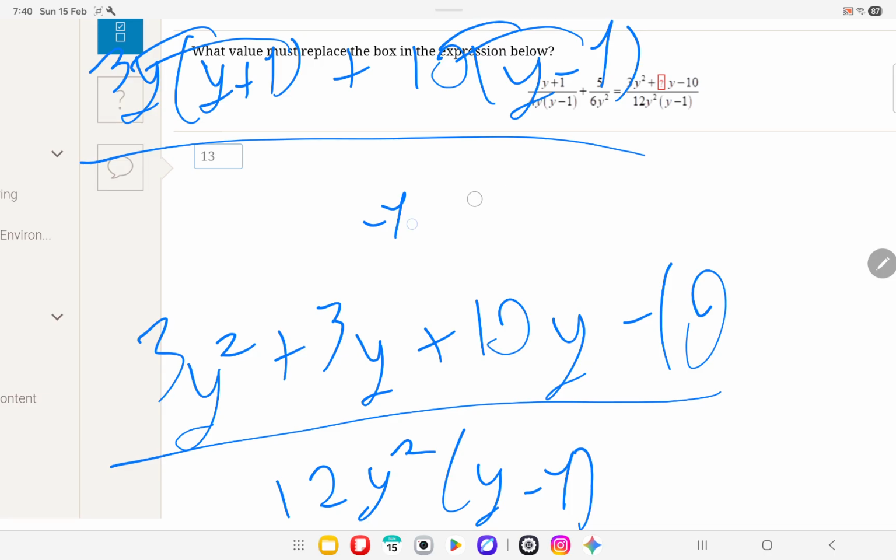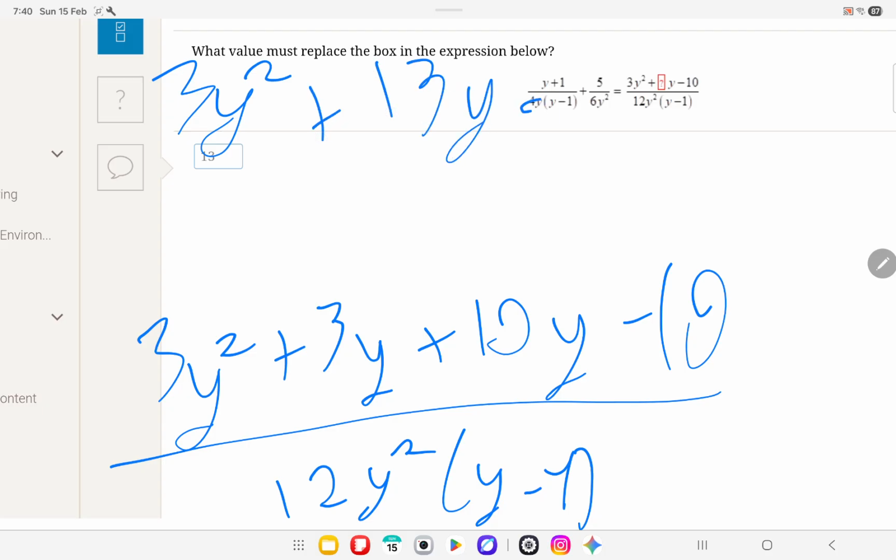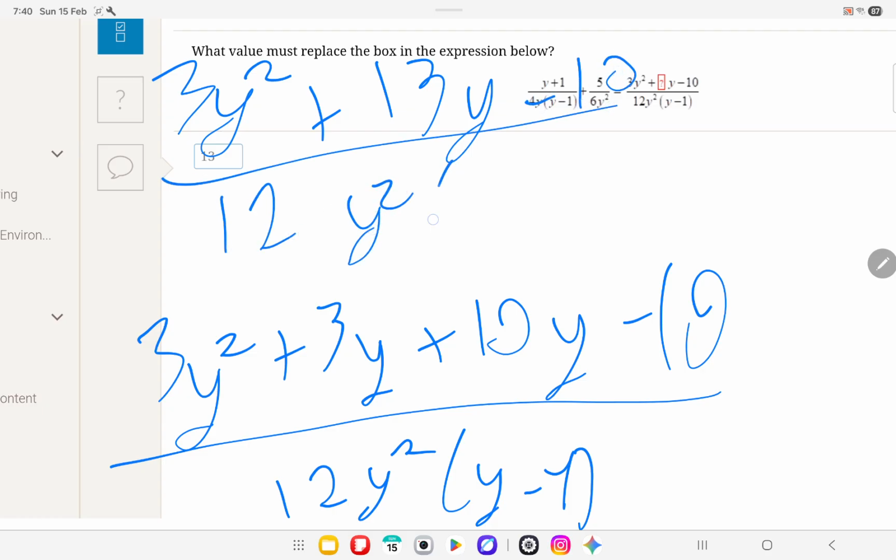No. So it stays the same. Plus 3y plus 10y is 13y. And then minus 10, we cannot change it. All over 12y squared times y minus 1.